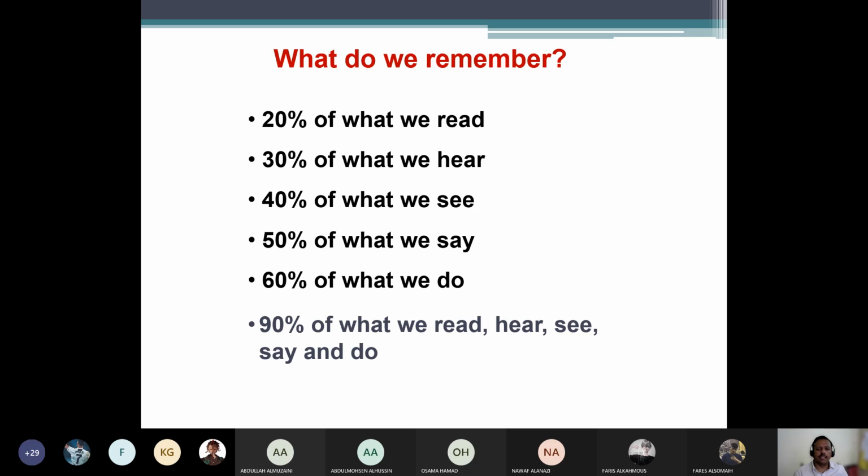The meaning is that only one way of doing things is not sufficient. Not only reading, not only listening, not only saying is sufficient, but you should read, do, say, and combine all these things. Then only will it take you towards 90% knowledge retention.